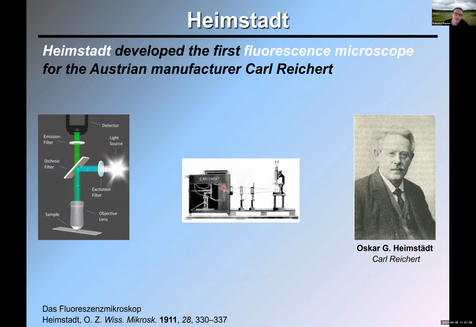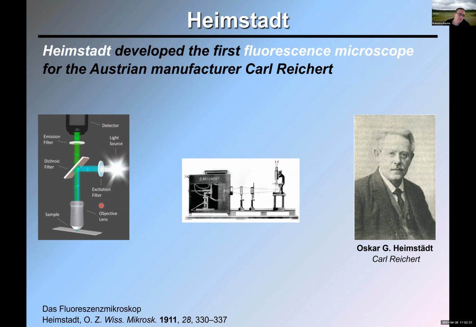But in addition, there is this big black box, which has a light source that is needed to excite the molecules that are in the sample and produce fluorescence. And the basic architecture of the fluorescence microscope today is actually very similar to what he came up with in 1911. This is a diagrammatic representation of a present-day microscope.